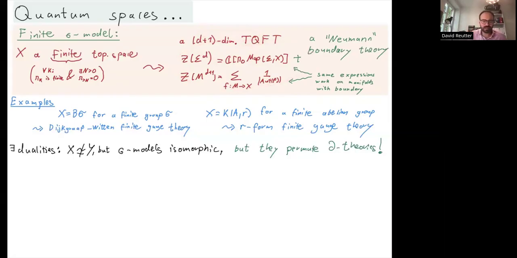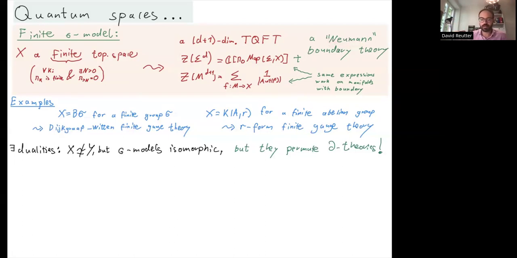So you should think of a topological space giving rise to a D plus one dimensional topological quantum field theory together with a preferred boundary condition. And this is known as the Neumann boundary condition. Just to recap, in PDEs, the Dirichlet boundary condition is the one where you force the value on the boundary, the position value on the boundary, and the Neumann one is where you force the derivative on the boundary to be something.